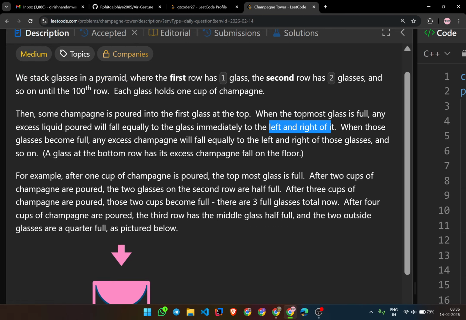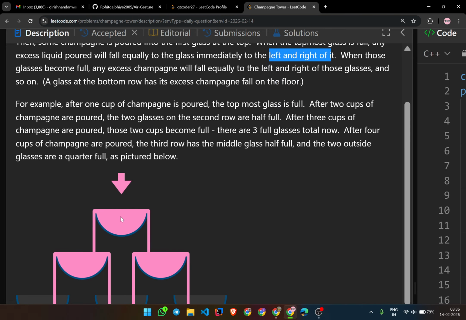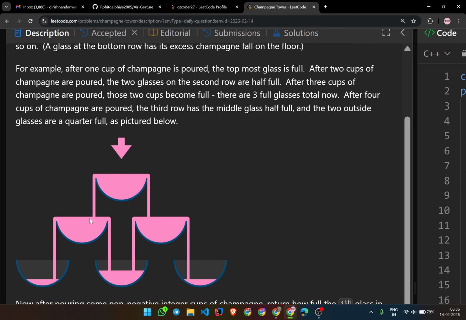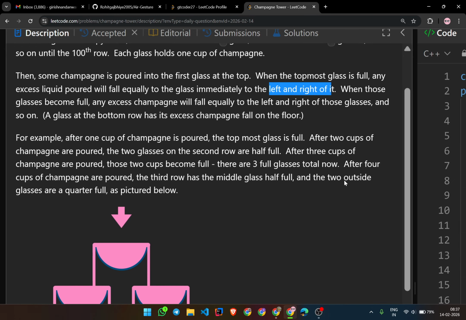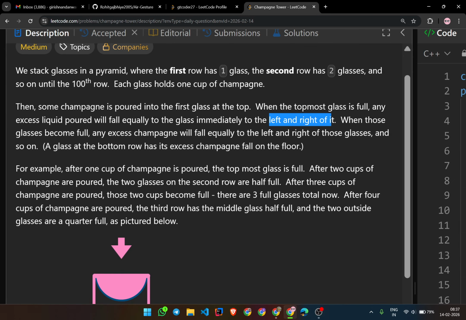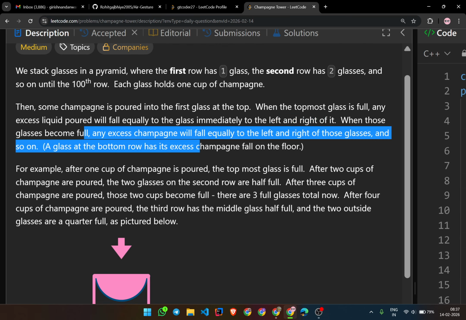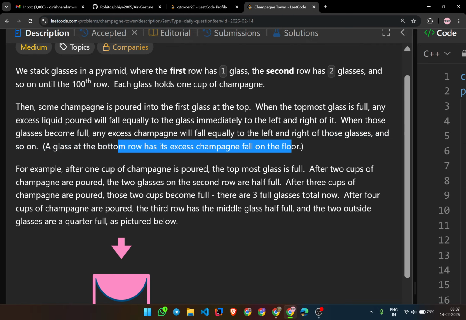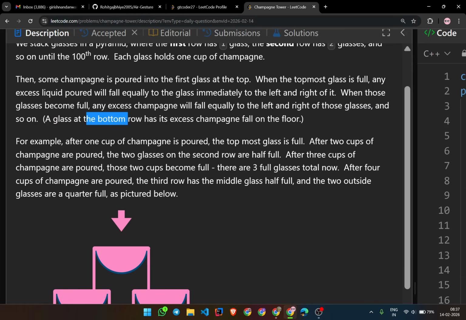When those glasses become full, any excess champagne will fall equally to the left and right glasses. And the bottom row has its excess champagne fall on the floor.